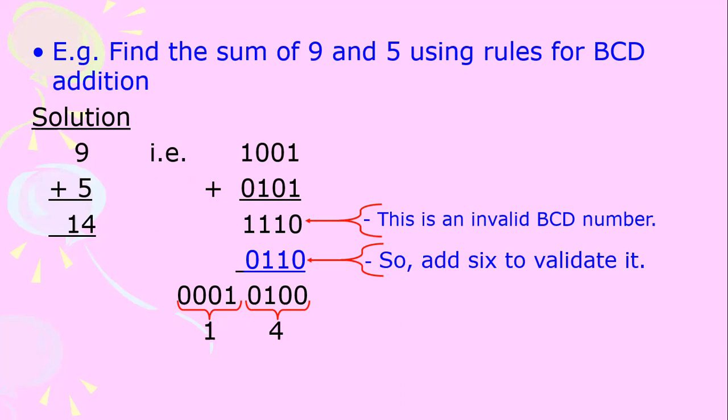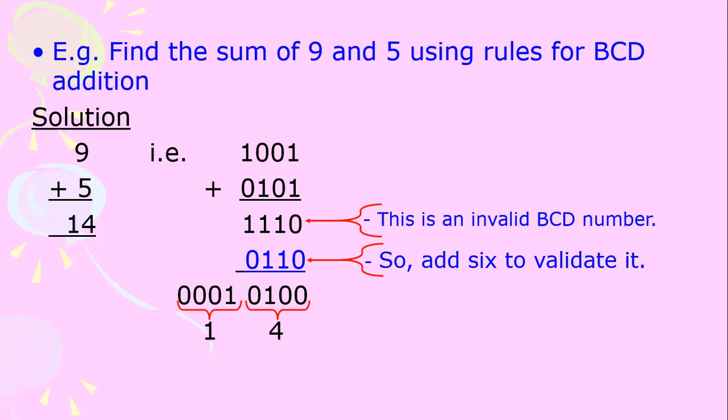Note, my dear students and the rest of the learners, for those who might not have listened to part 1 of this series: when you are given a number, for example, 14, and you are told to represent it in BCD, you simply separate the digits, 1 and 4, and then write each of them in its binary equivalent. So the binary equivalent of 1 is 0, 0, 0, 1, and the binary equivalent of 4 is 0, 1, 0, 0.